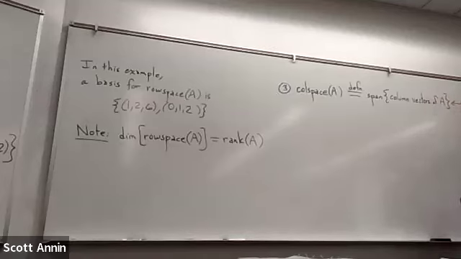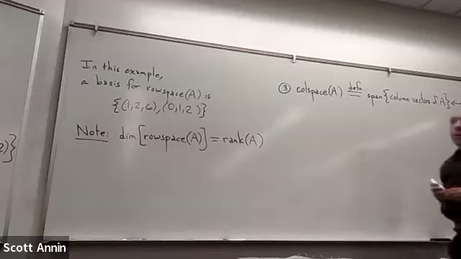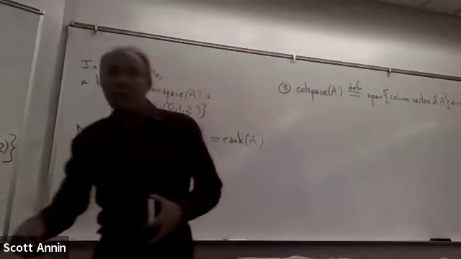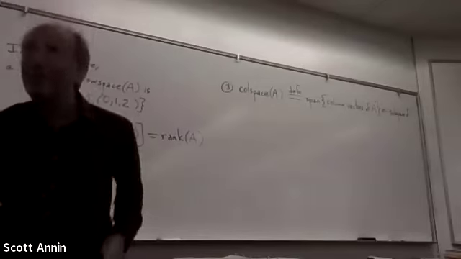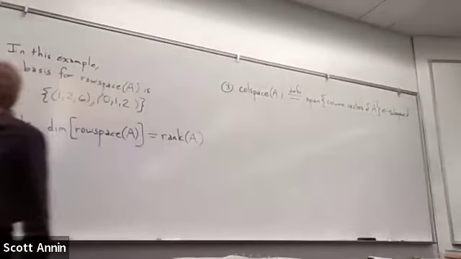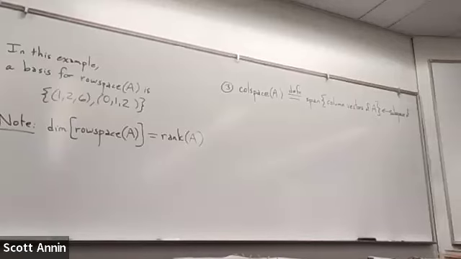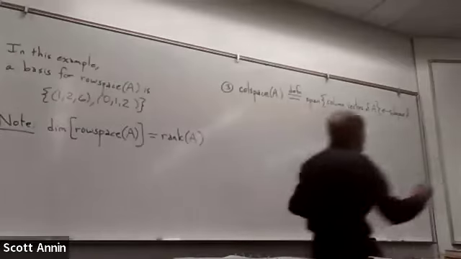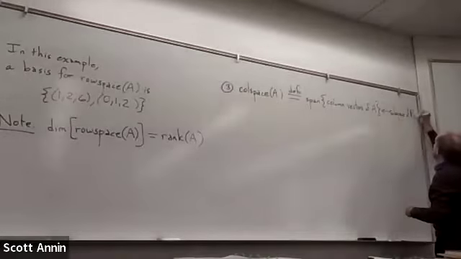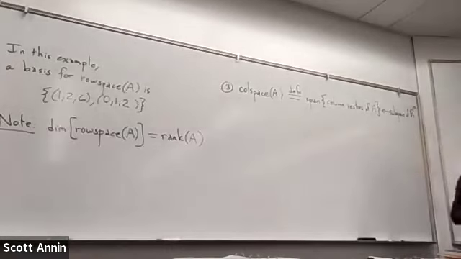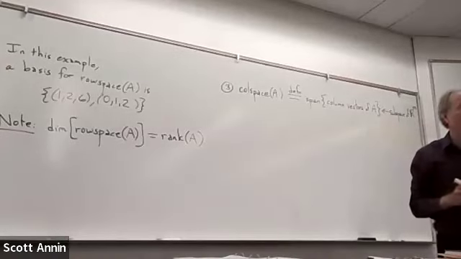And does anybody have a guess as to what the column space would be a subspace of? Rm, right? So in this example, we see that each column has 4 slots. The 4 is coming from the M value. So this is a subspace that lives in a different universe than the null space and row space do.